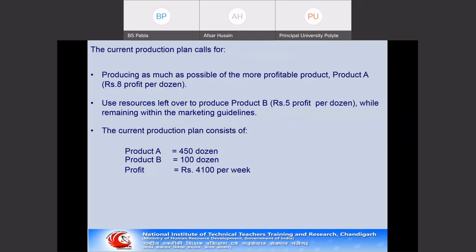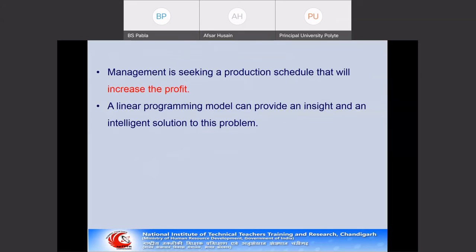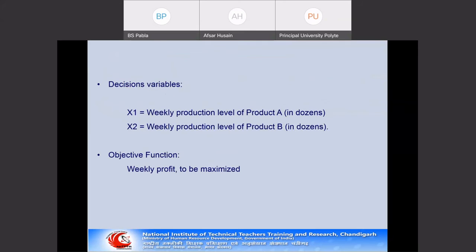This is the current profit. Now let's see how linear programming solves this problem. Can we improve this profit? The management is seeking a production schedule that will increase the profit. So let us see what a linear programming model can provide us, an insight and an intelligent solution to this problem without violating the constraints.